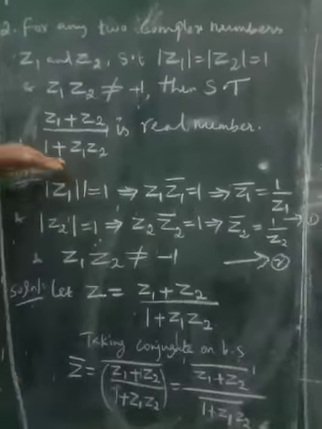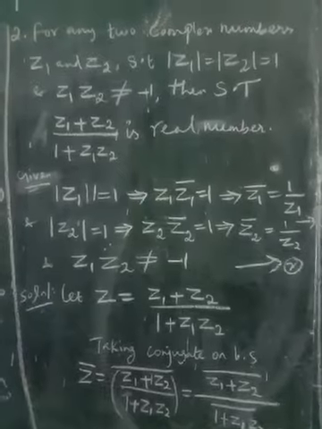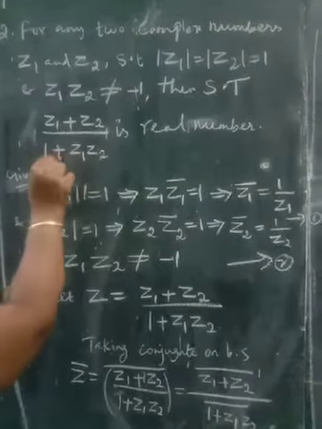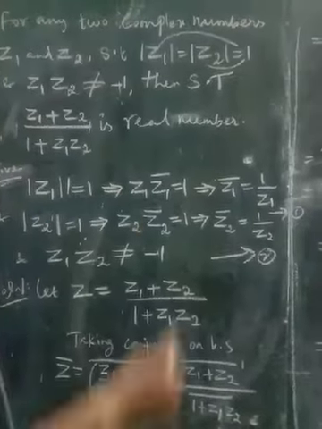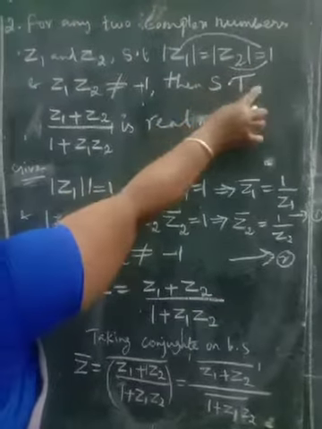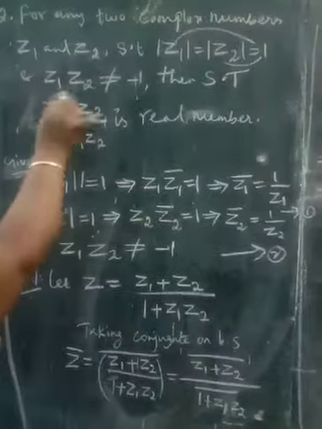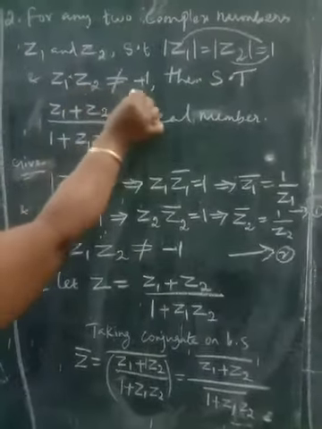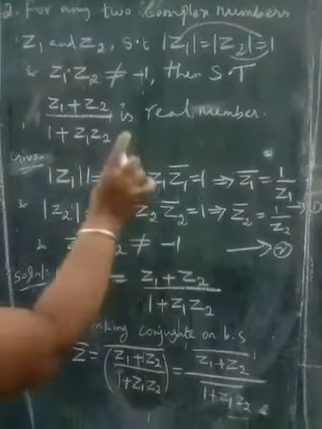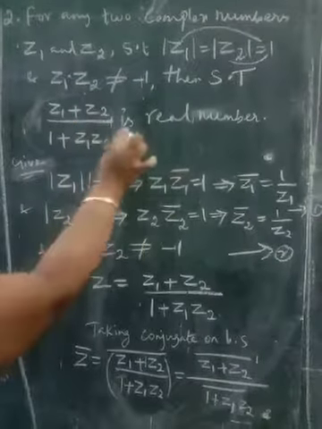What is given, and what we have to find in this. See, what is given in this problem? Mod z1 is 1 and mod z2 is 1, and one condition is given: the product of z1 and z2 is not equal to minus 1. Then we have to prove this is a real number.